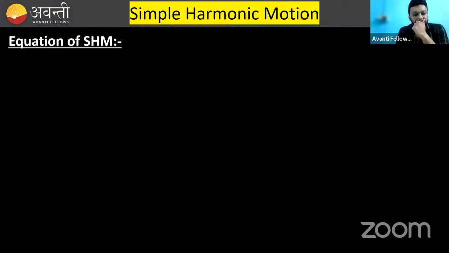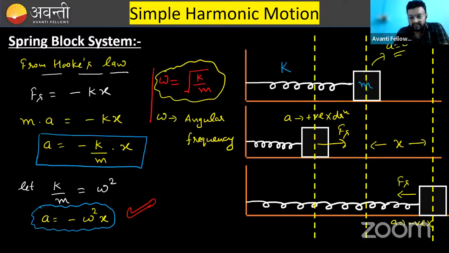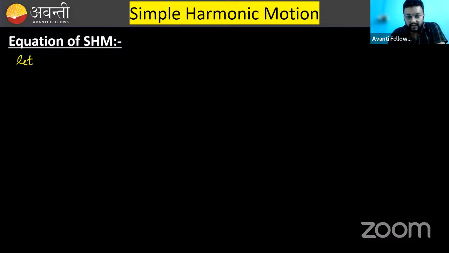Let's consider, from this diagram, I am not redrawing the diagram. I am just assuming that this diagram is in your mind when I move to the next slide. So let at time t equals to 0. Let me draw this to you again.